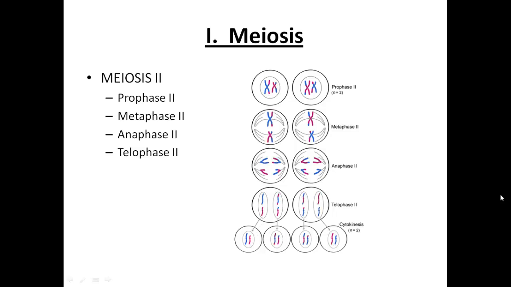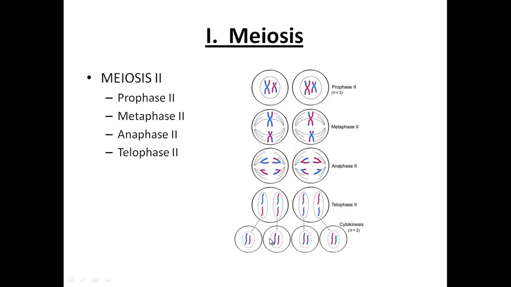If you look at the chromosomes here, you can see that crossing over has occurred. So this piece of the chromosome from here has been exchanged. So we've got this new novel chromosome. They line up, they move away to the other side, and then we produce these 4 cells that are the gametes.